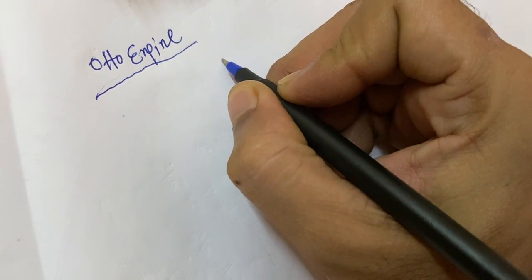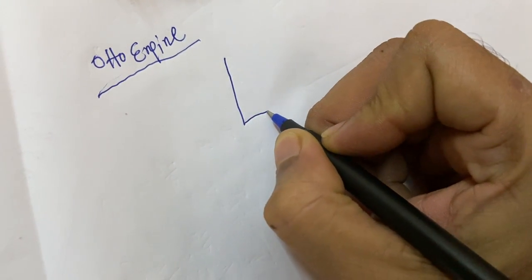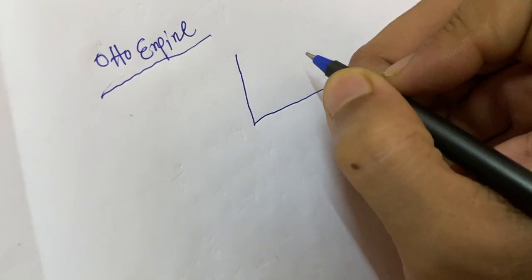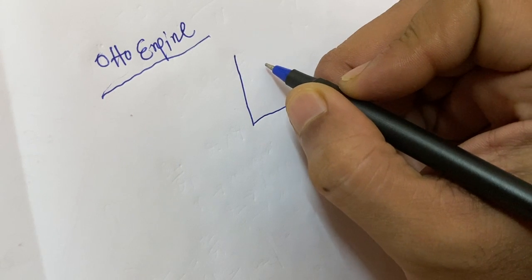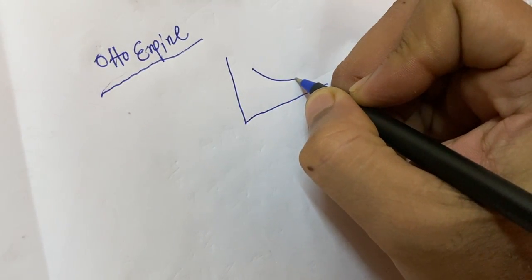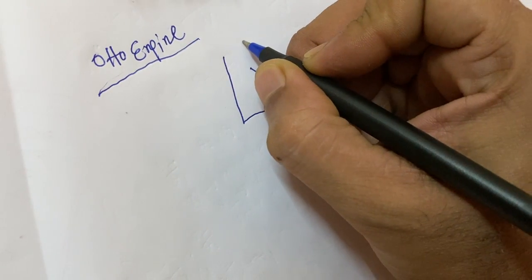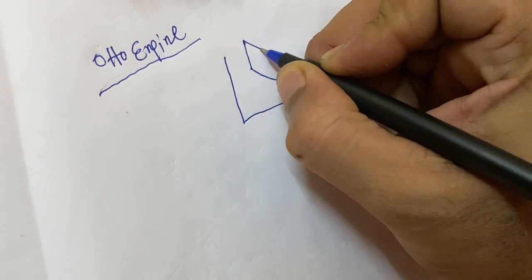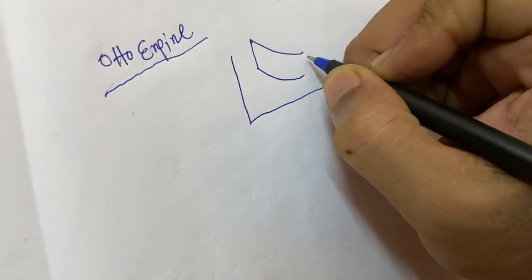So, we draw the PV diagram of the Otto engine. This is like this.